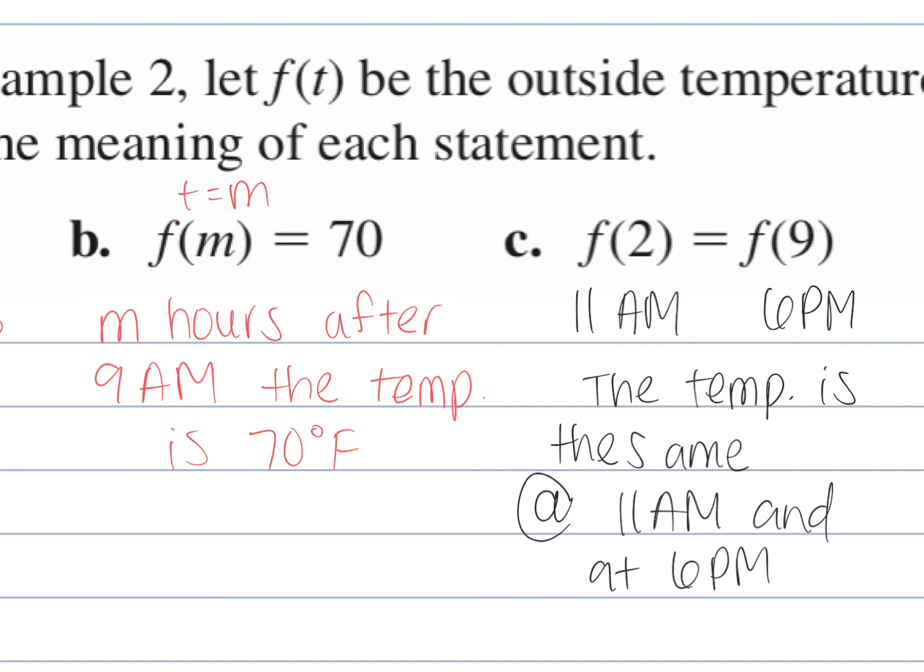Our function represents the temperature, so if the temperature at 11 is equal to the temperature at 6, we know the temperatures are the same at 11 and 6. But we don't know exactly what temperature it was. It could have been 60 degrees, 70, or 75, but we do know it's the same temperature at both times. Does that help? Yeah. Okay.